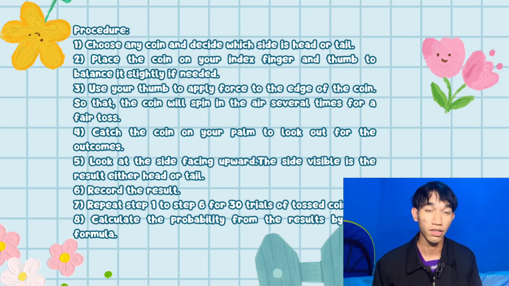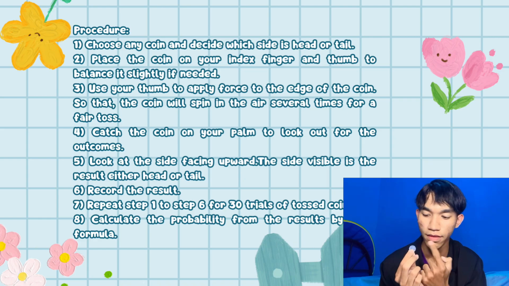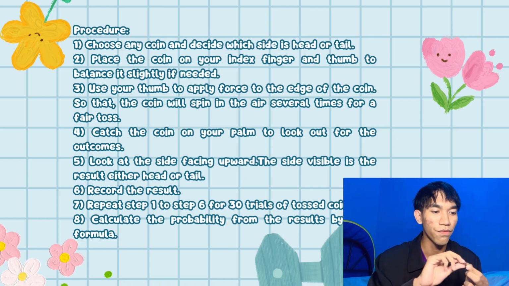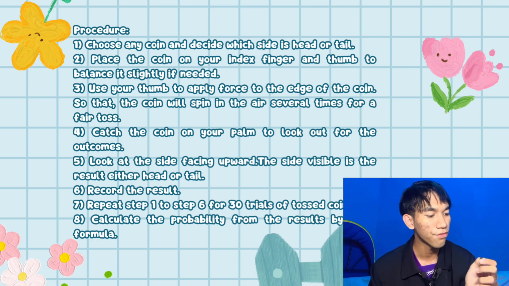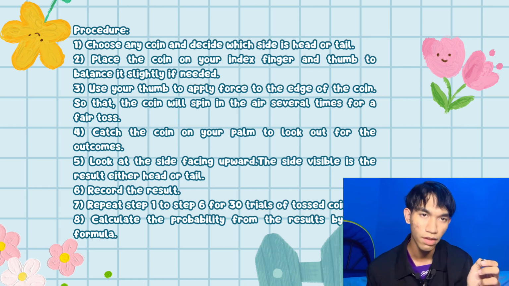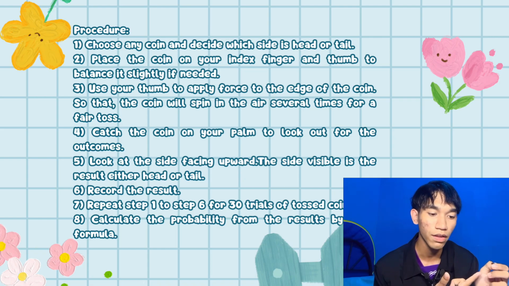The procedure of tossing a coin is we just need to choose any coin, for example 10 cents, and decide which side is head and tail. Then place the coin on our index finger and thumb, bending it slightly if needed, and use our thumb to apply force to the edge of the coin so that the coin will spin in the air several times for a fair toss.